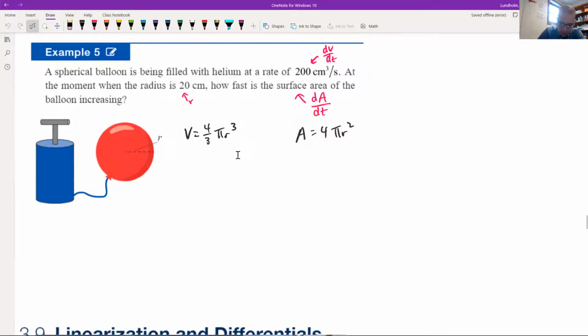So let's take derivatives with respect to time. dV dt is equal to 4 pi r squared dr dt, because we're treating our radius as a function of time. So that's a chain rule. This one, dA dt, would equal 8 pi times r dr dt.